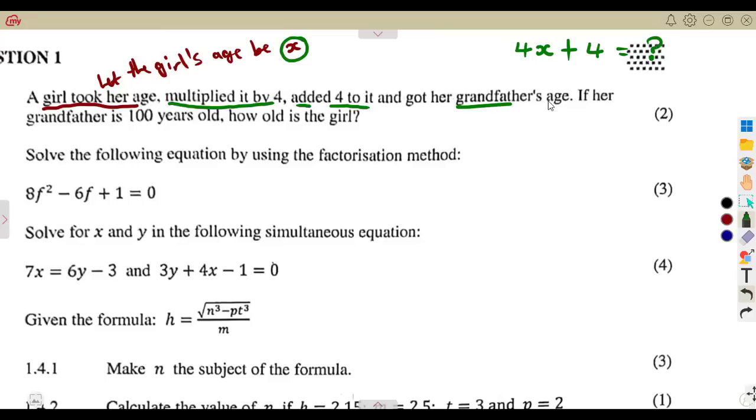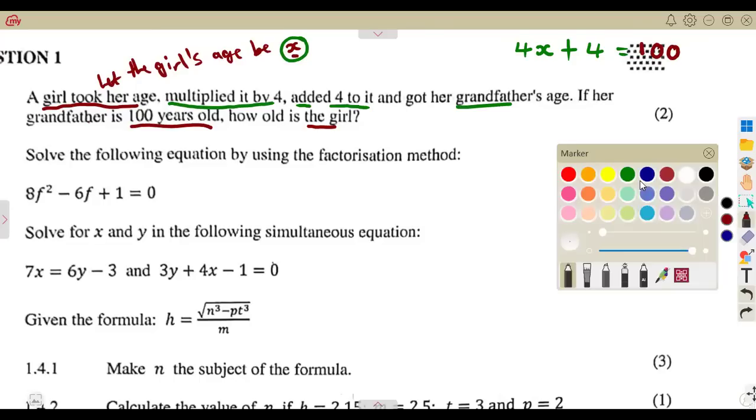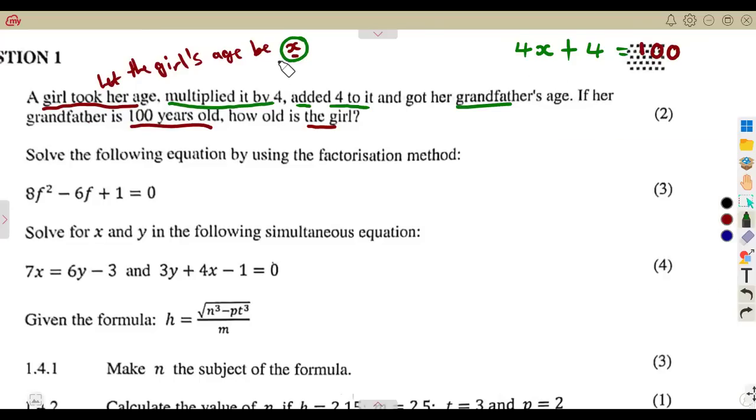And we are told the grandfather is 100 years old, so we have the age of the grandfather, which is 100. The question was, how old is the girl? Remember, her age is x. So to solve for x is to find the girl's age. The moment you solve for x, you are finding the girl's age.